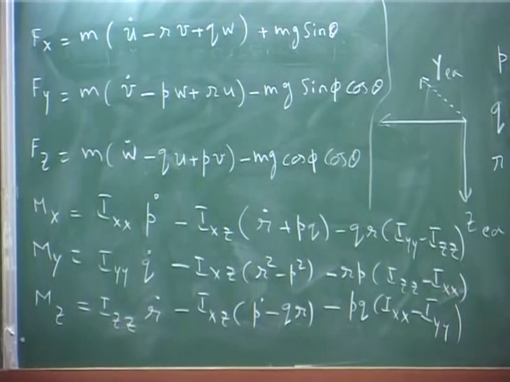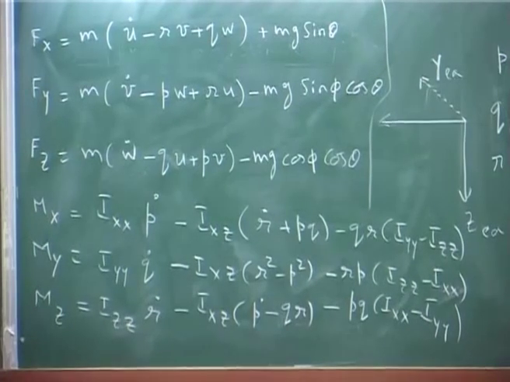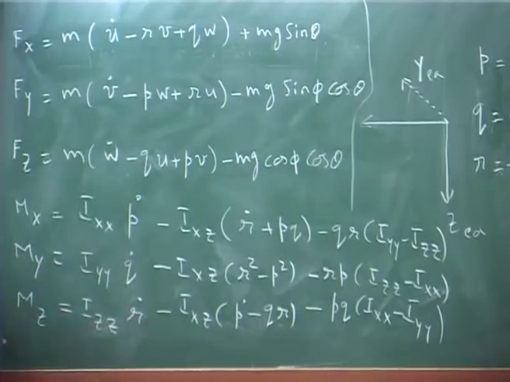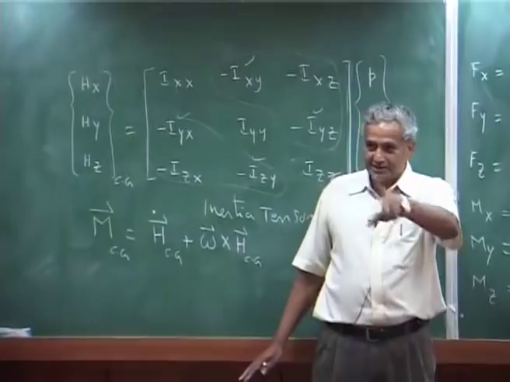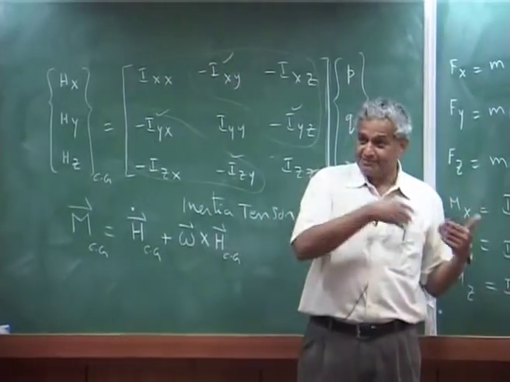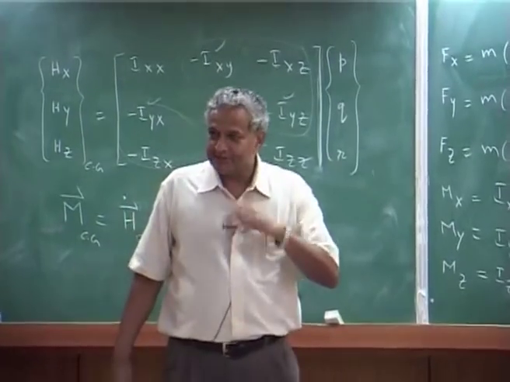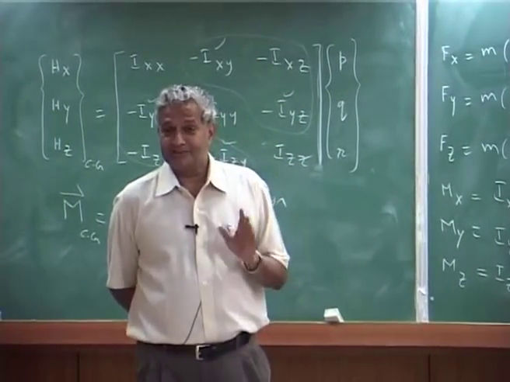You make an estimate from the drawing and then calculate the complete Ixx, Iyy, Izz, all these numbers for a given coordinate system, because if you make a mistake there, your flight dynamics is all wrong. So, sometimes it is a routine job, but one has to do it in an aircraft industry.